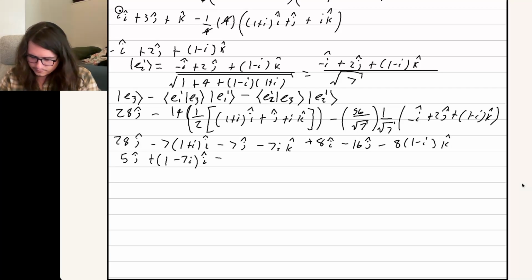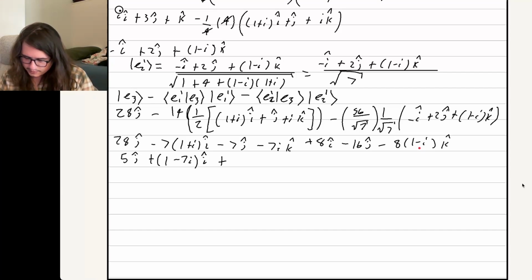And then for the k hat stuff, we've got minus 7i k hat minus 8 times 1 minus i. So we've got 8i minus 7i. So i minus 8 k hat. And that looks about right to me.